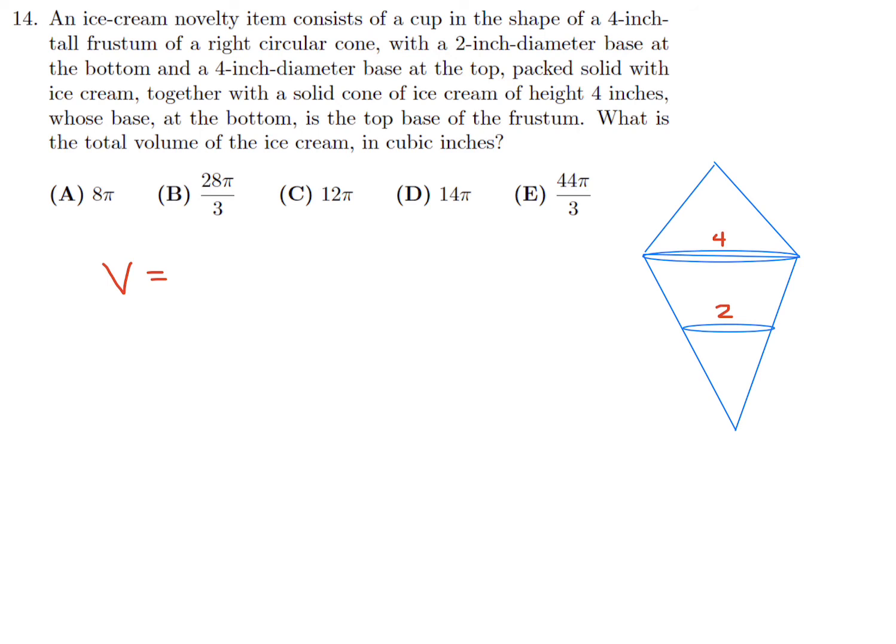The volume of the top, it's a cone, so it's going to be 1/3 pi r squared times height. And then the frustum you get by taking the full cone and then subtracting from it the small cone. So that's going to be pi, I'll just call it big R squared.